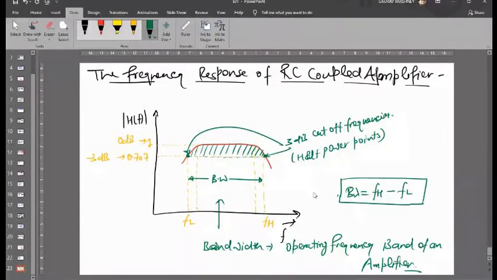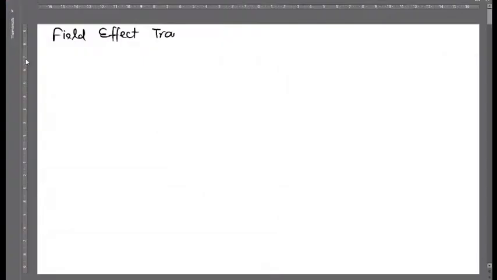Now this second unit is finished today, and I'm going to start the next unit. Field effect transistor. This can be categorized into two parts.